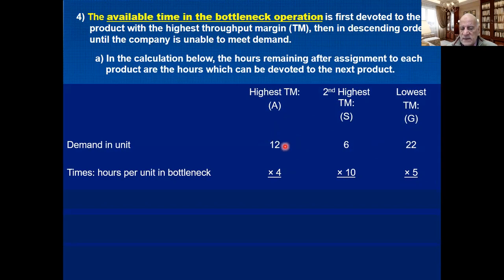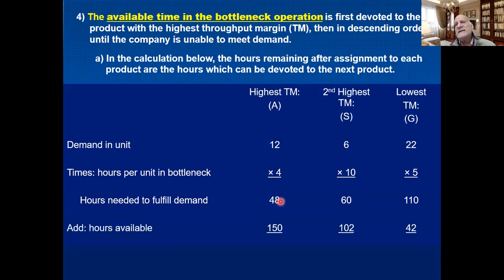These 12 units will consume 4 hours for each unit, so the total hours consumed in producing product A are 48 hours.